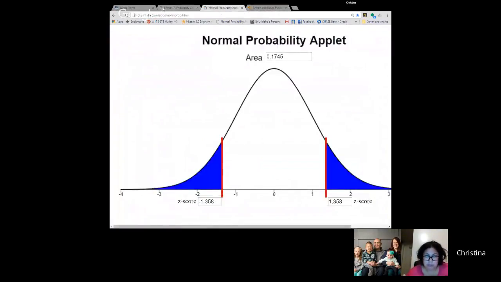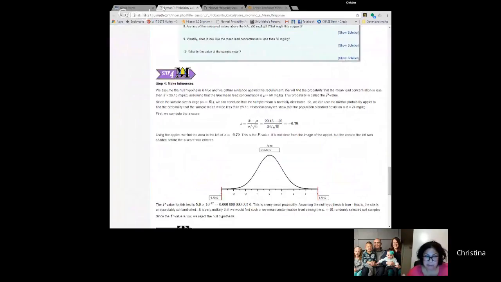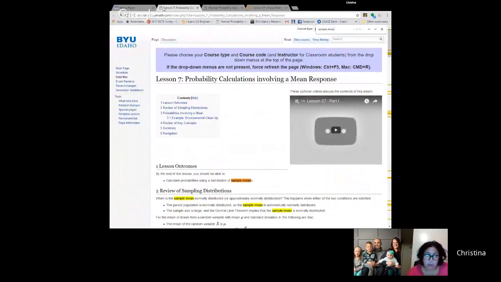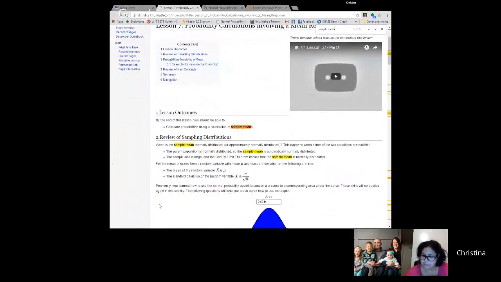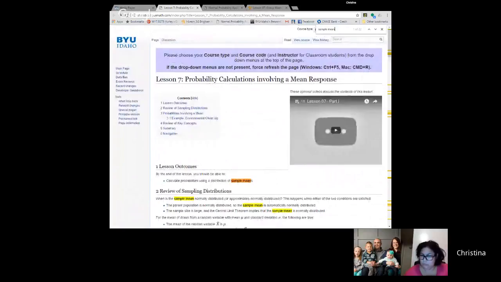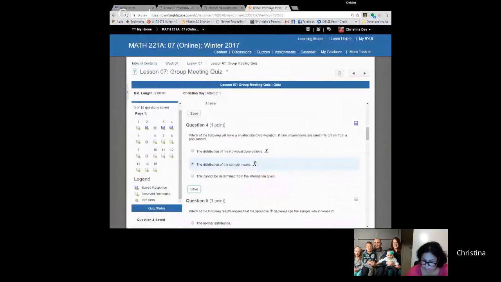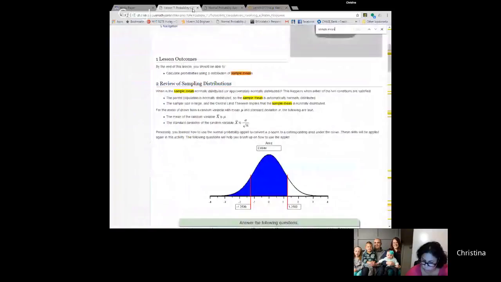Distribution of individual observations X. The problem is the sample mean is said like 22 times in this week's text.